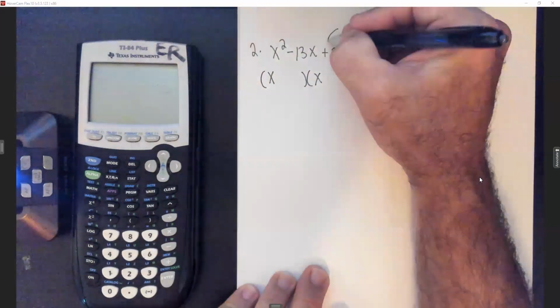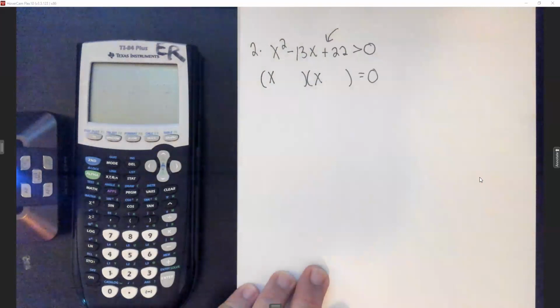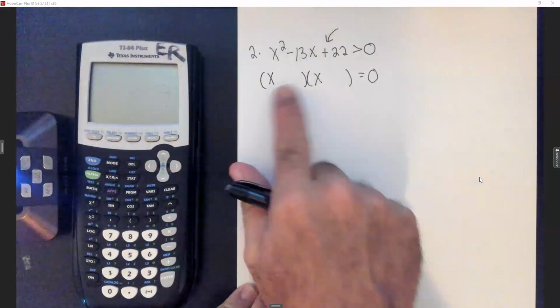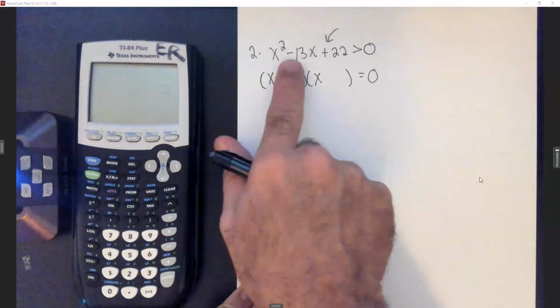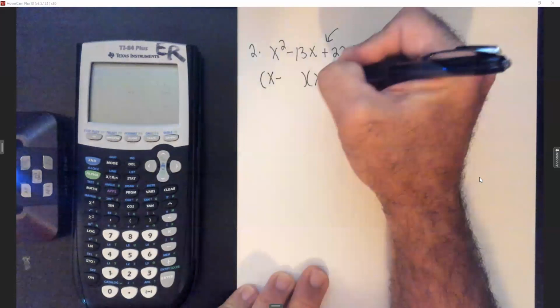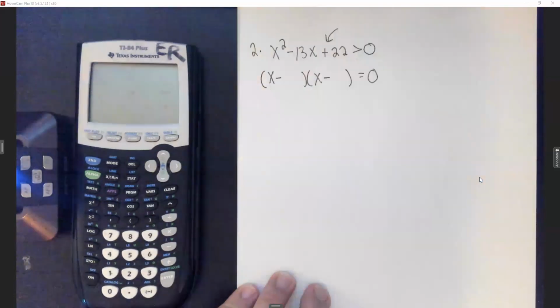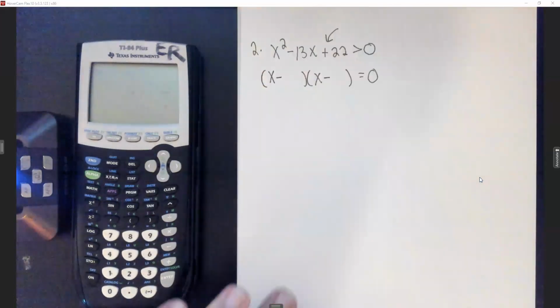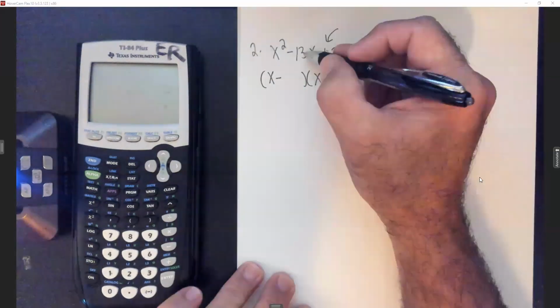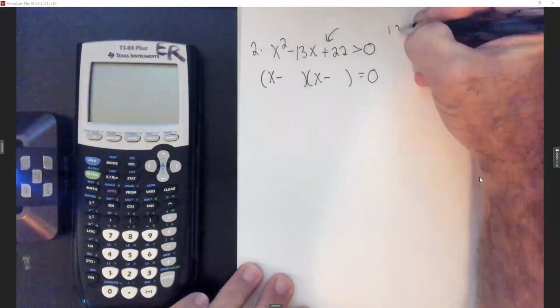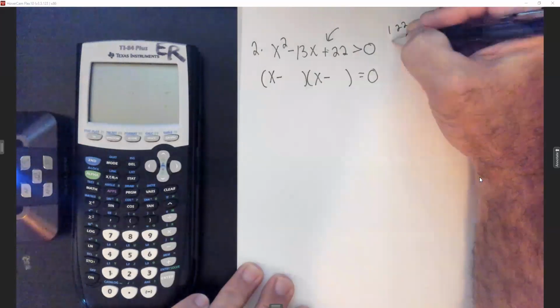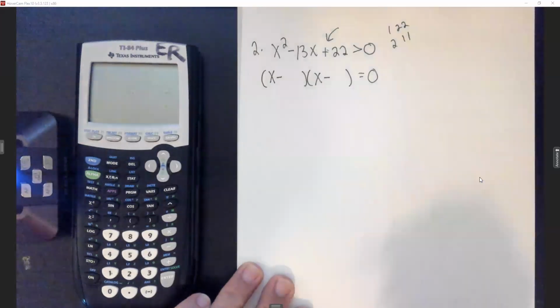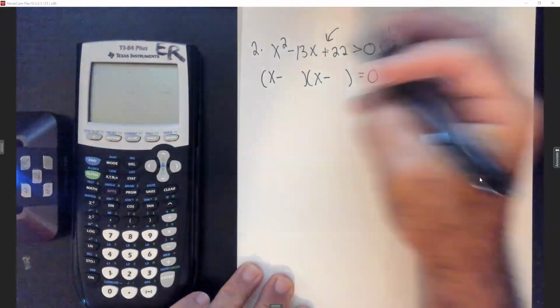So anytime the last number is positive, both of these factors will have the same sign as the middle. So both of these will be negative. Now I need factors of 22 that'll add to get 13. So you got 1 times 22 and what else? 2 times 11. And the ones that equal 13 are 2 and 11. So I bring them down.